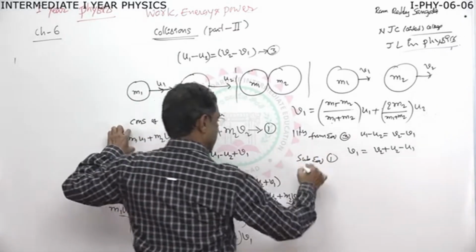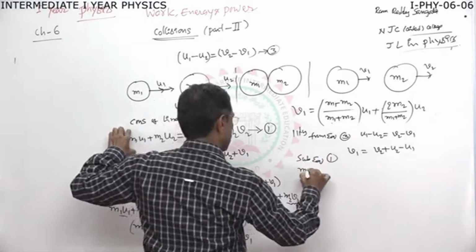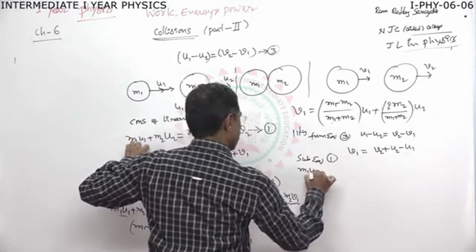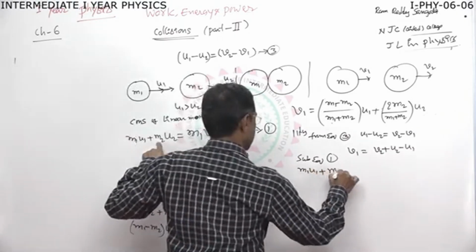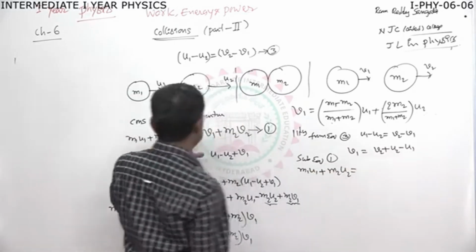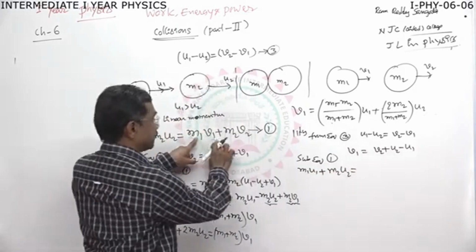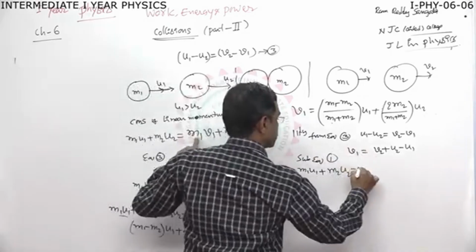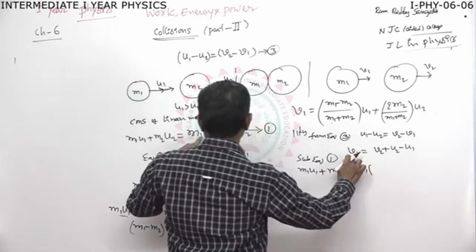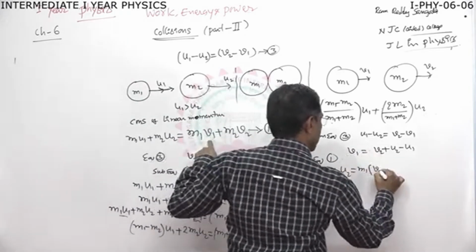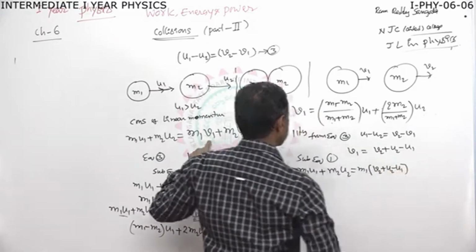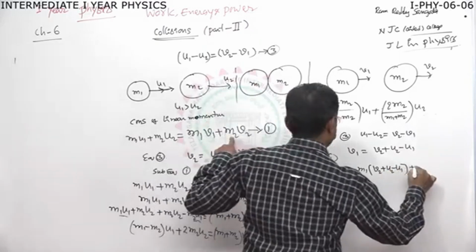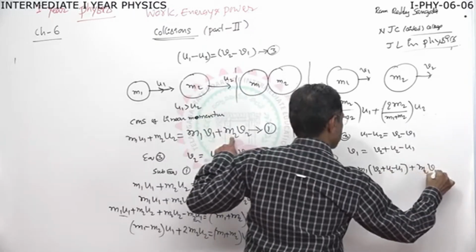Now due to lack of place here, I'll do it as briefly as possible. M1 U1 plus M2 U2 on the left, and the right hand side M1. Now instead of V1, you just substitute this. See M1, now V1 is given by V2 plus U2 minus U1, plus M2 V2.